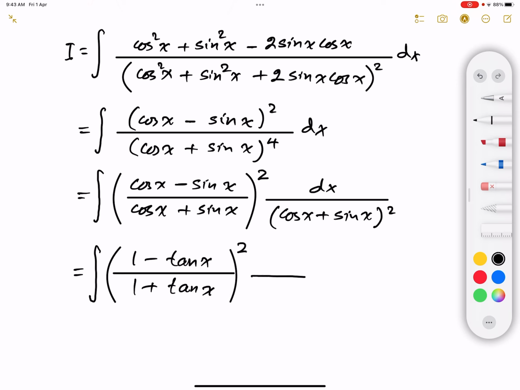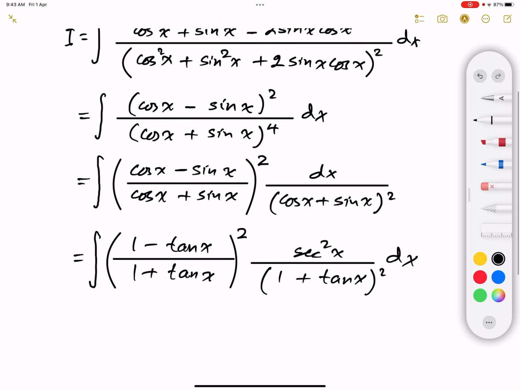For the other term, we divide by cosine inside the squared term, which is equivalent to dividing by cosine squared. So that would give us 1 plus tangent of x, all raised to the power 2, and dividing the numerator by cosine squared gives us secant squared of x dx.